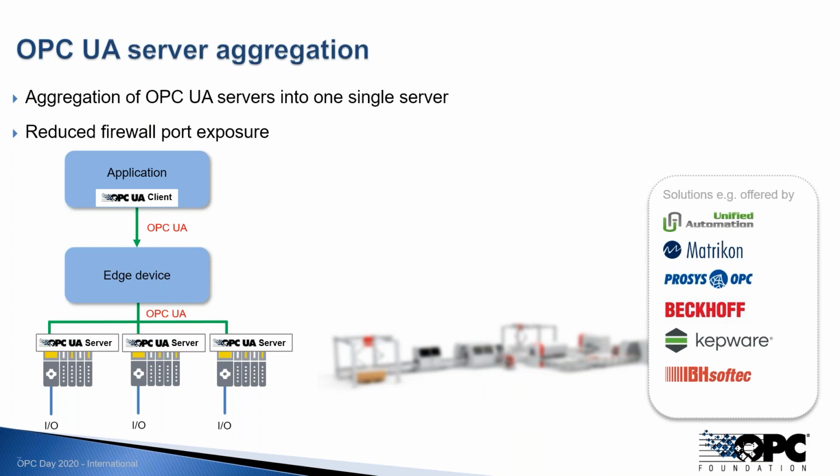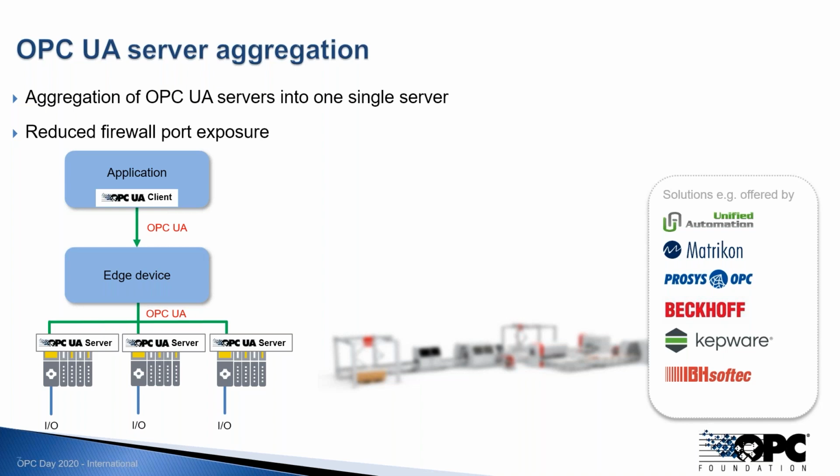Another benefit from this edge device approach together with OPC UA is the server aggregation capabilities. So we are not only having one controller below. In all the slides, we have already seen that three controllers are mentioned on the lower level. So three PLCs in these terms are controlling this machine. We also have the capability to aggregate the servers into one edge device.